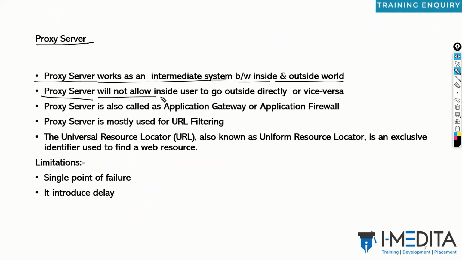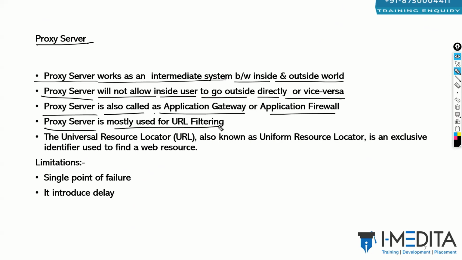Proxy server will not allow inside user to go outside directly or vice versa. Proxy server is also called application gateway or application firewall. It is mostly used for URL filtering, and URL stands for universal resource locator or uniform resource locator.